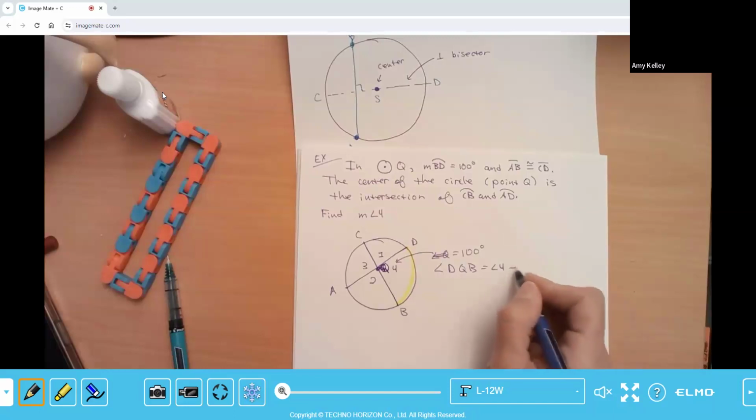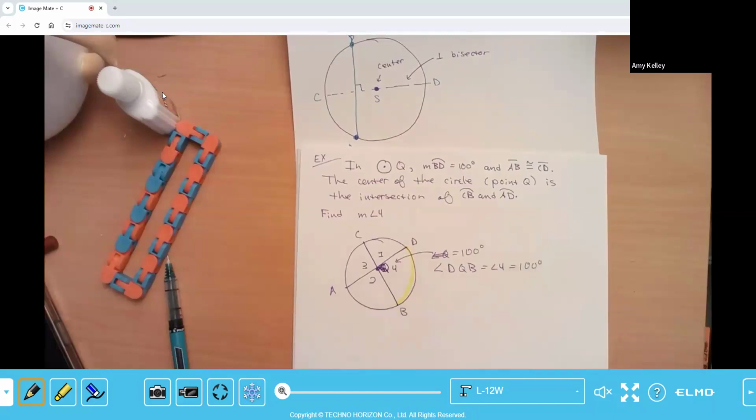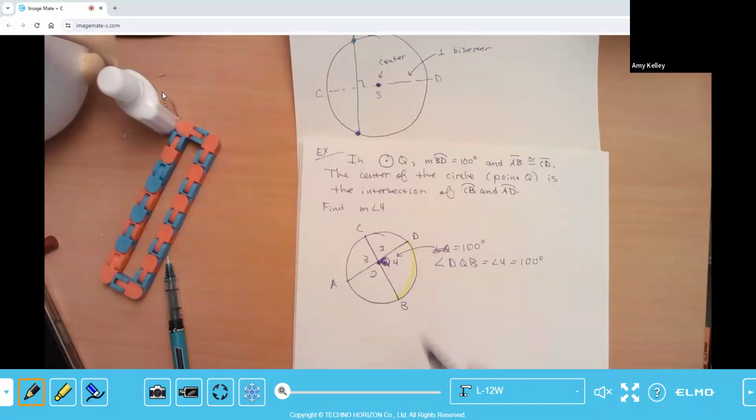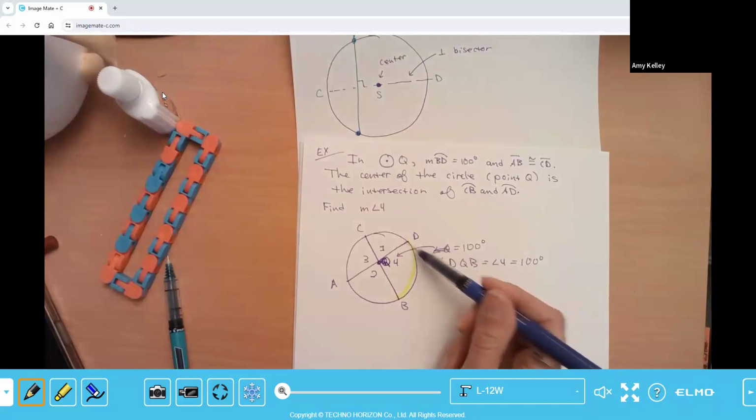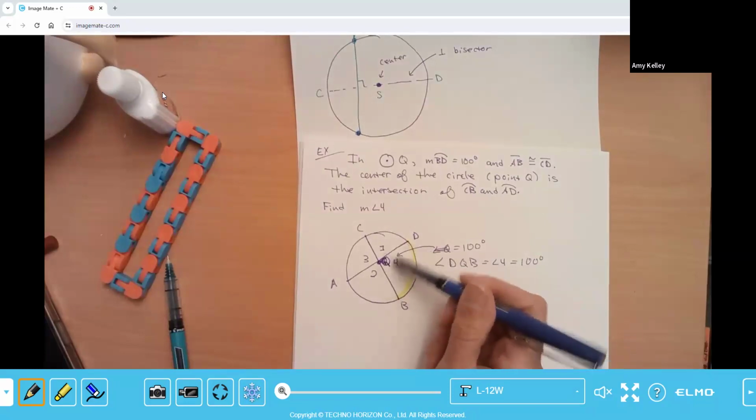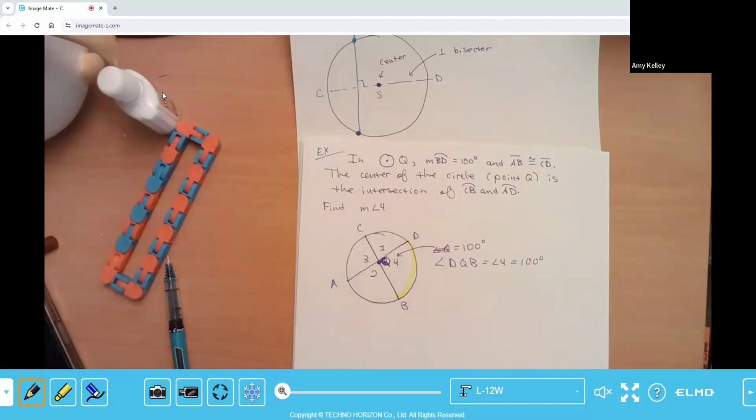And that's also 100 degrees. We learned this in the last section too: the measure of the arc is the same as the measure of the central angle. That one is so easy.